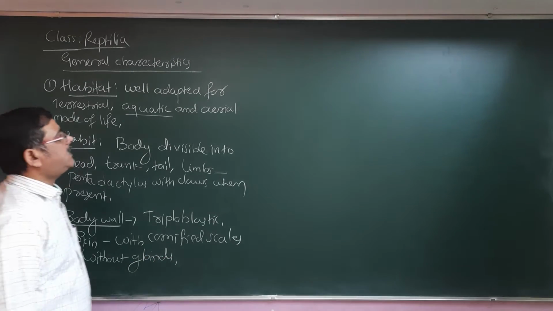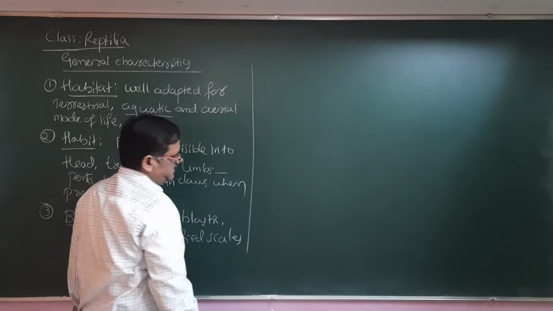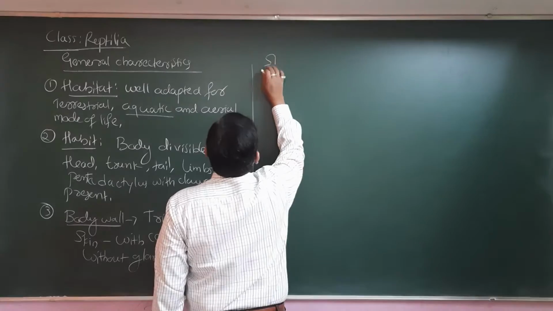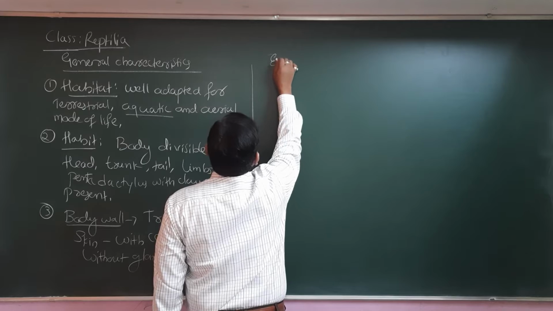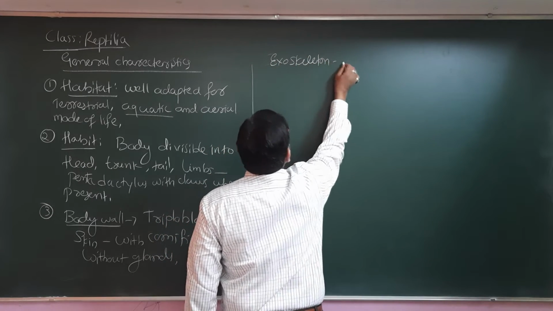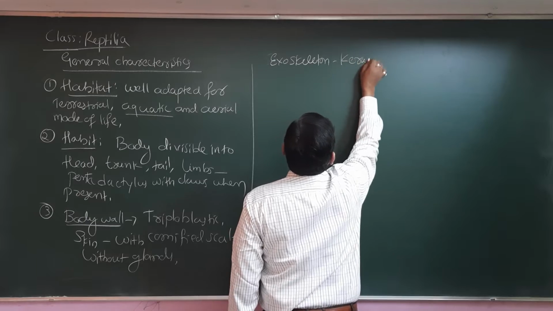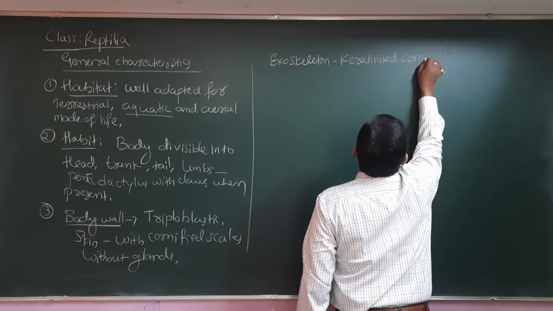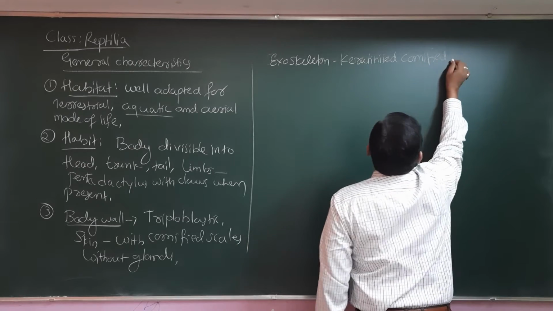So what does the exoskeleton actually have? Keratinized, cornified scales.